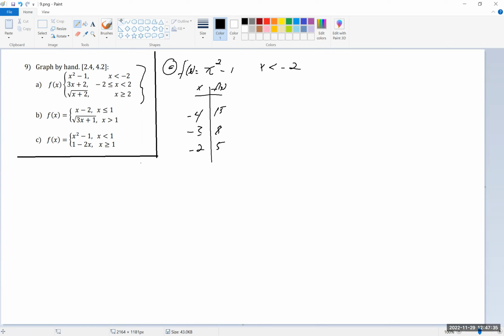And I'll just do a rough sketch down here. Hopefully it's not incredibly rough because we've got some pieces that we have to connect. And so I'm going to go to -4, 1, 2, 3, 4, and 15.